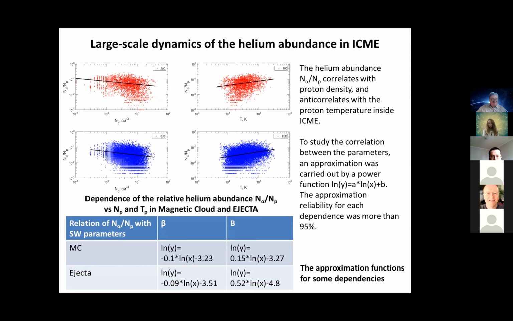To study the correlation between parameters, an approximation was carried out by a power function. To assess the quality of the approximation, we used a parameter which is calculated from the number of points and the correlation coefficient. The approximation reliability for each dependence was more than 95%.